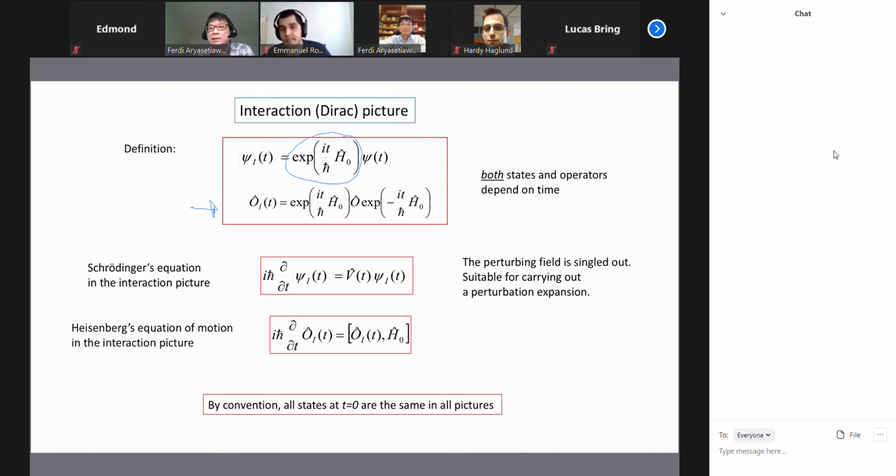And this is a simple way of working out the connection between the different pictures. You just have to keep in mind that the observables should be independent. So that is what we get here. So that is just basically saying that if I have a state in the interaction picture and I have the operator, then the operator also has to be in the interaction picture.